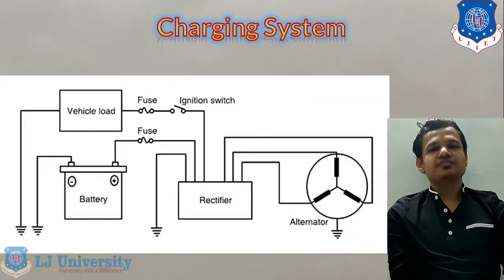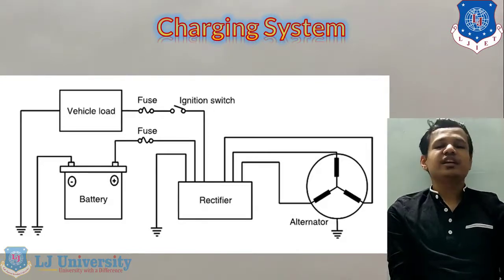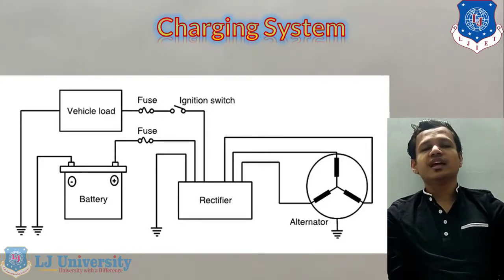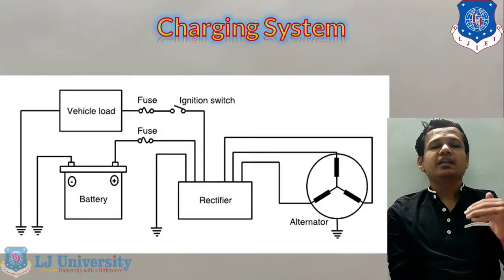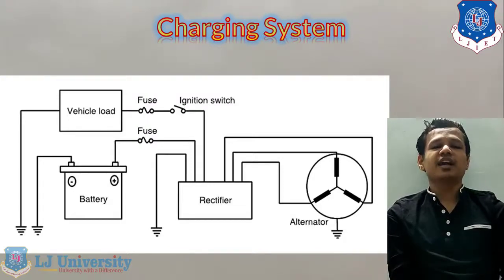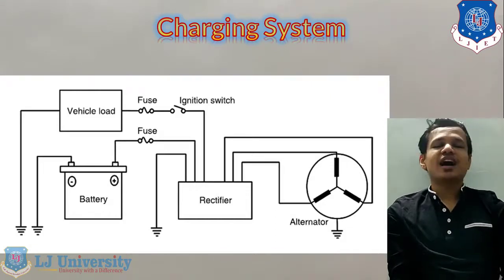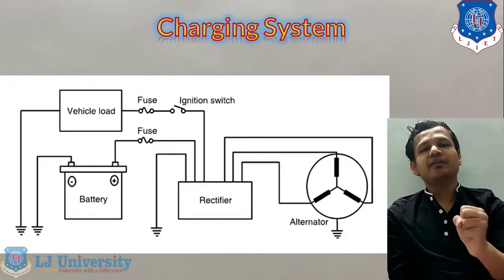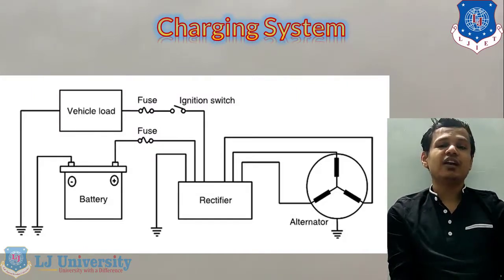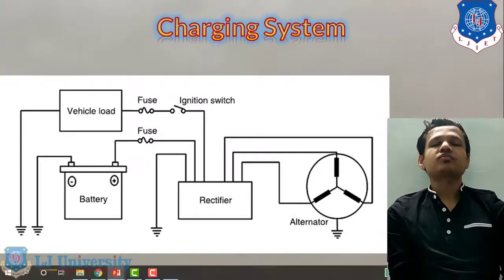Let's see the circuit of our charging system. In the circuit of the charging system, you can see that the battery and the vehicle load, which uses the power of the battery or the alternator, are all connected through the rectifier or the regulator. Right? The alternator is shown on the right side and the battery is shown on the left side.